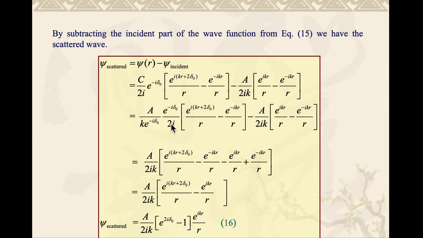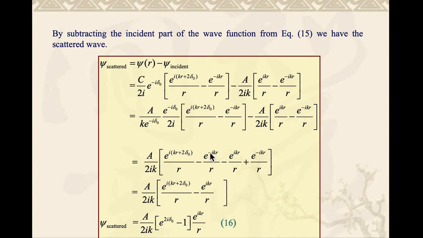So initially this and this cancel. So A by 2ik is the common factor. The first term is e raised to i(kr + 2 delta 0) by r, then e raised to minus i kr by r, and minus of e raised to i kr by r, minus and minus becomes plus, so plus e raised to minus i kr by r.